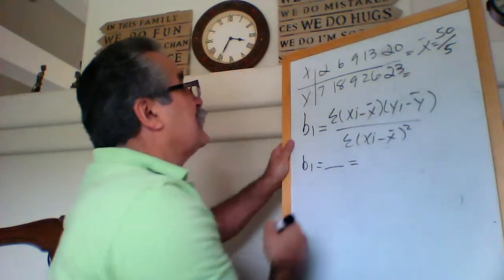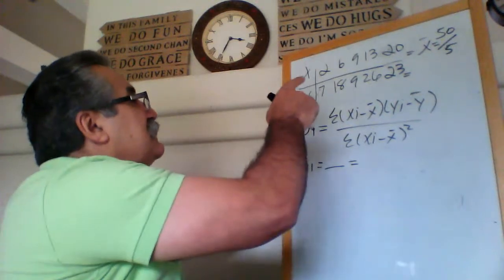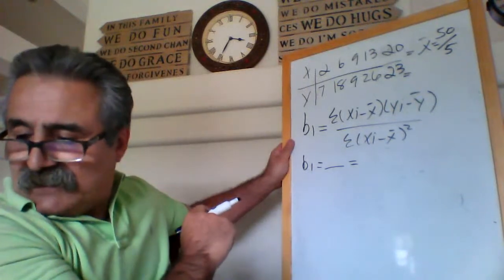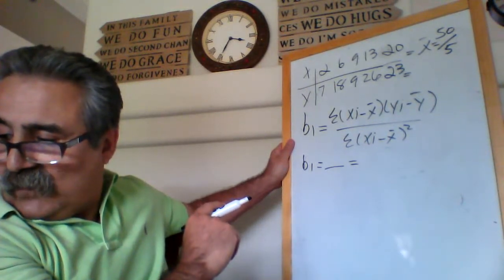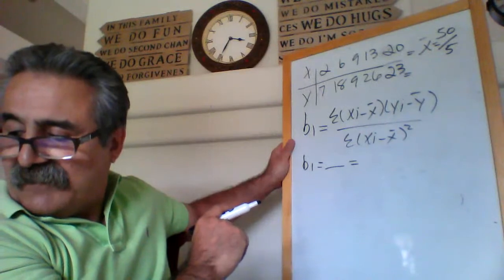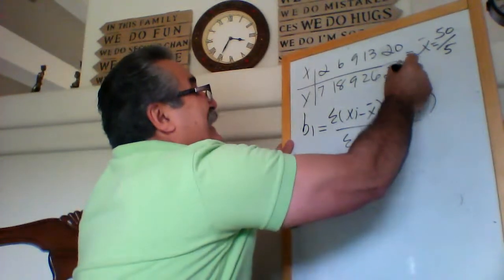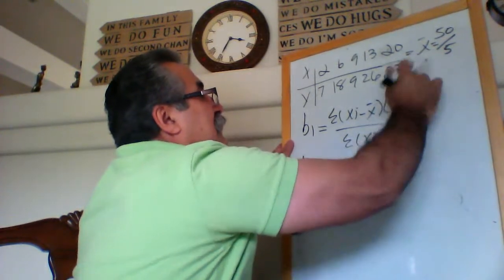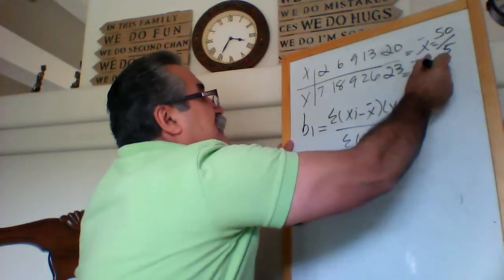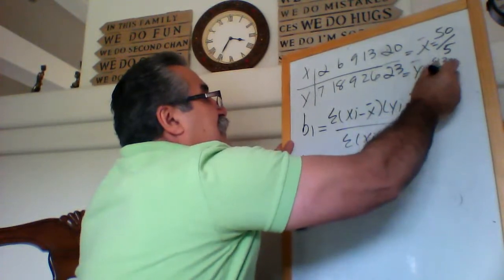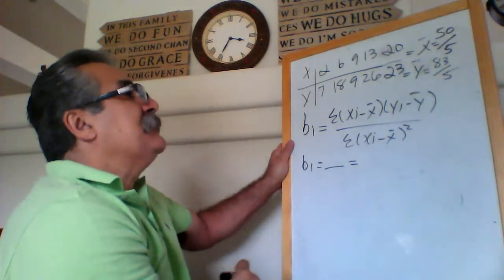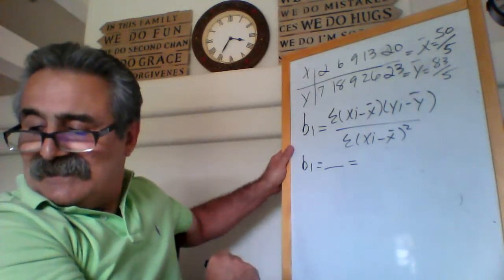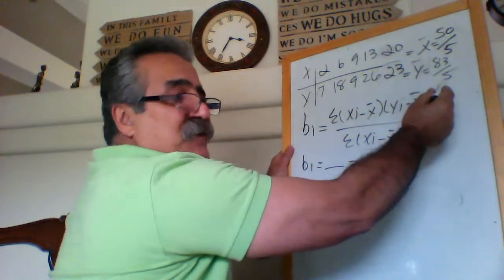And y bar is equal to 83 divided by 5, which is 16.6.